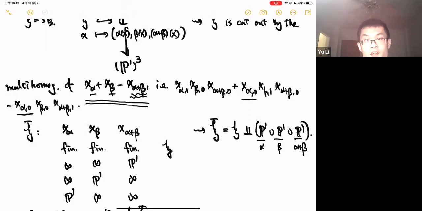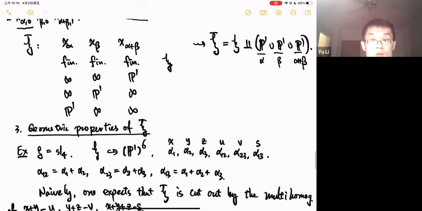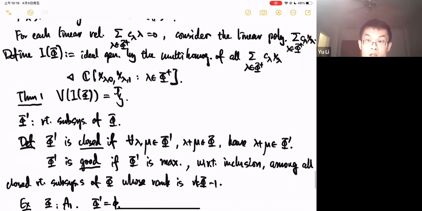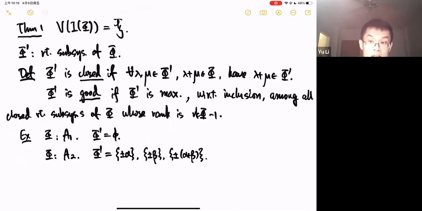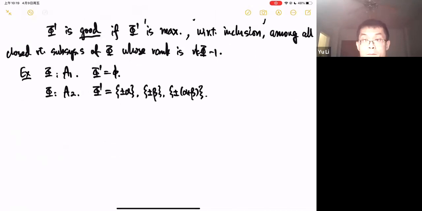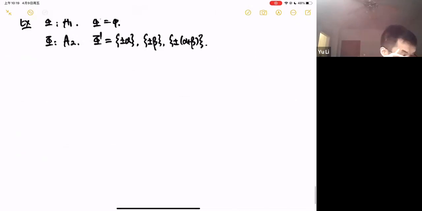So this indicates that there's a one-to-one correspondence between irreducible components of the boundary of H bar and good root subsystems of phi. Okay, and this is indeed the case. But to state the result in a rigorous way, let me first make some observations.